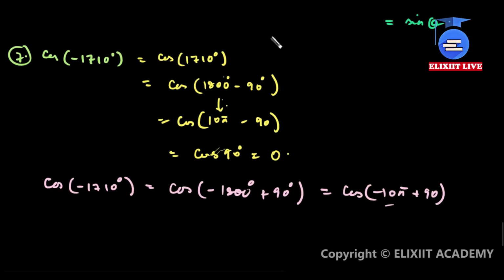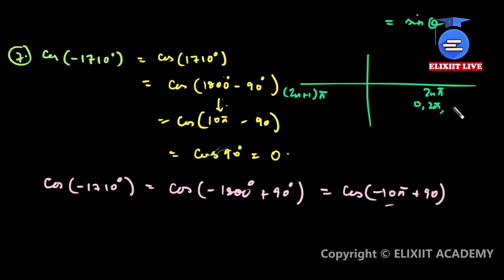Let's say this is the axis where the angles are 2n pi, and this is where they are 2n plus 1 pi. Even multiples, 0, 2 pi, 4 pi, 6 pi, 8 pi, will all come over here.